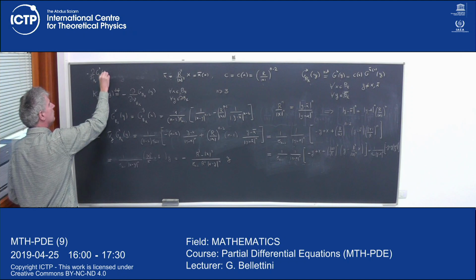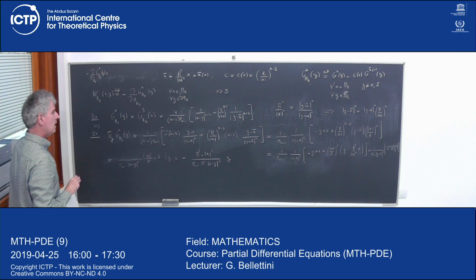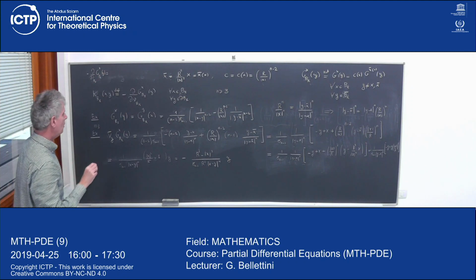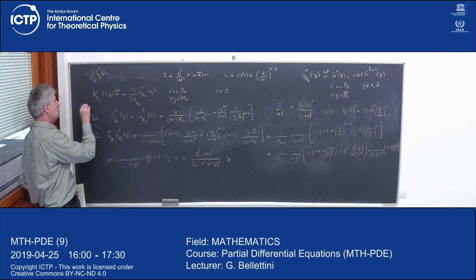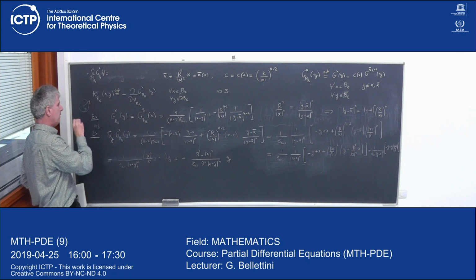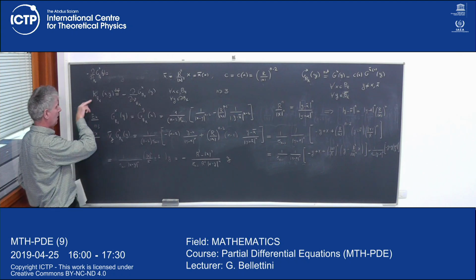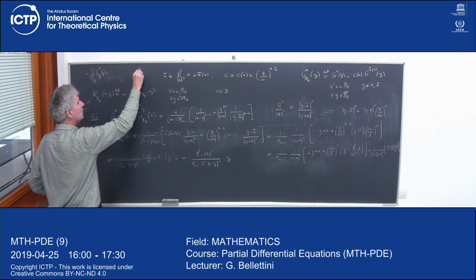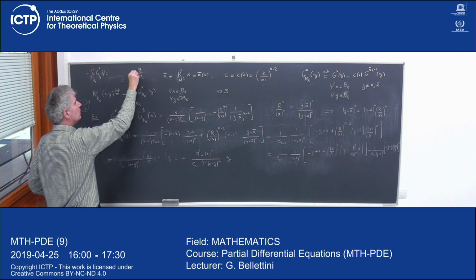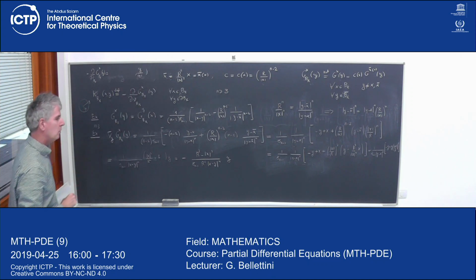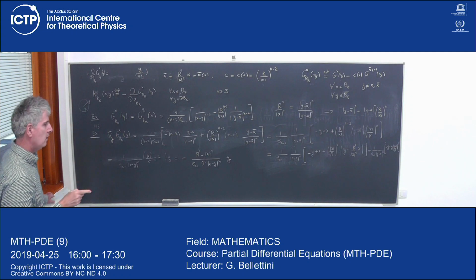The y is therefore the scalar product of the outward normal to the ball. This is the ball. This is y. Therefore, the ball is of radius r. y divided by its norm is outward. So we have to take the scalar product of the unit normal pointing outside the ball and the gradient.